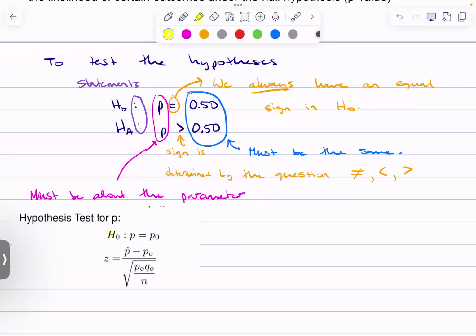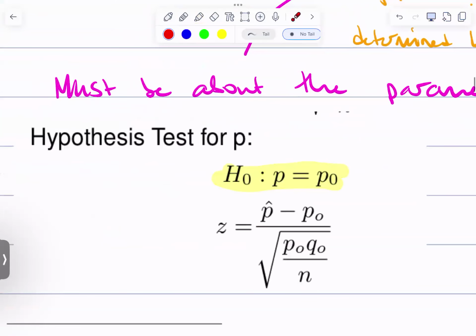And so here I give you what the null hypothesis should look like. H naught, or the null hypothesis, is that P is equal to some number P naught.